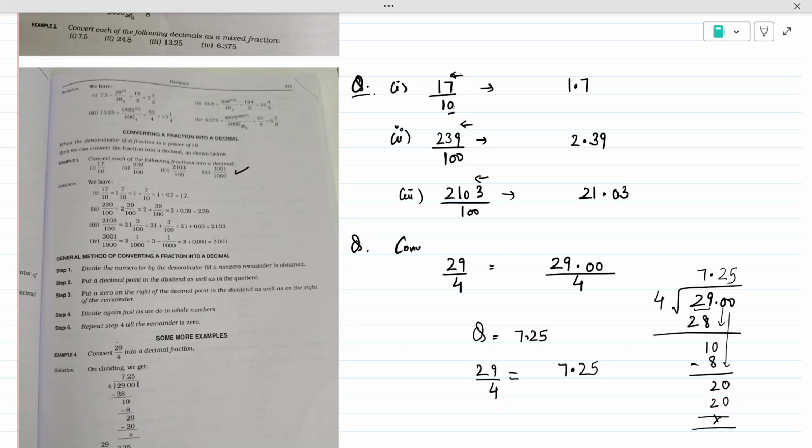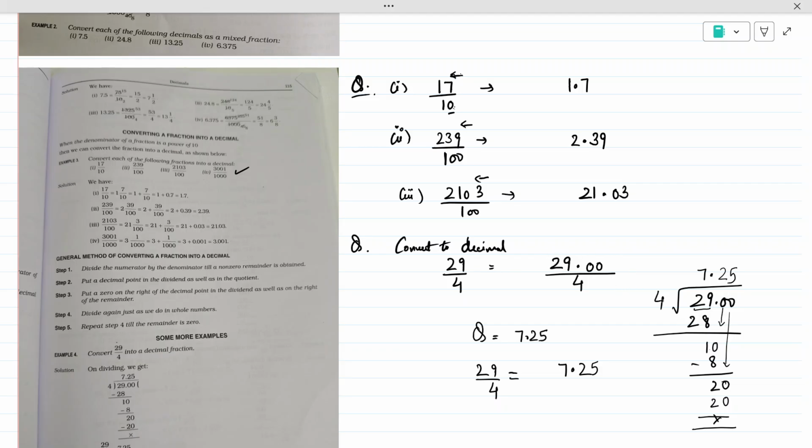Okay, so understand again how we have done. First, I'm writing: convert to decimal. The normal method. If any number is given to us and it is not a decimal number, since here we have to convert it to decimal, first of all we will write this whole number in the form of a decimal number and then do the normal division.